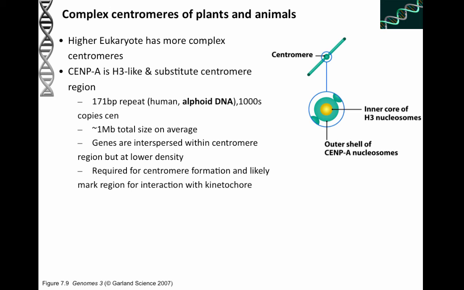In particular, the repetitive unit of the human chromosome is about 171 base pairs, and you can see at least 1,000 copies of 171 base pair repeats, which is around 1 megabase total size of the centromere region.